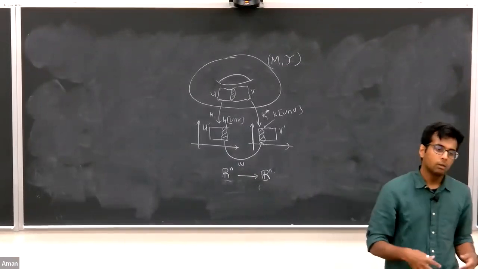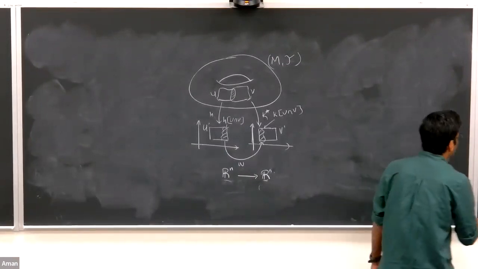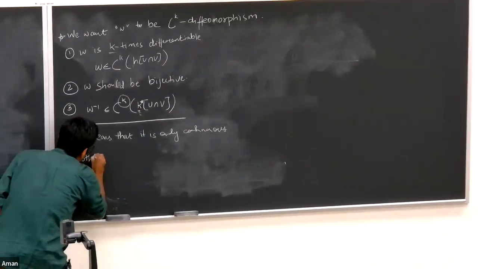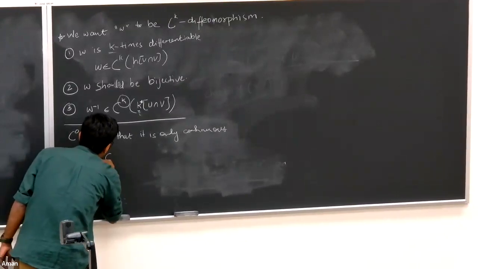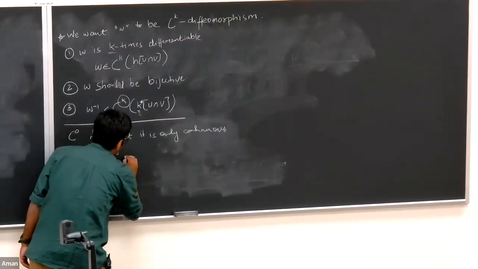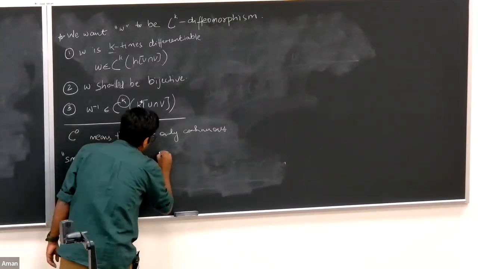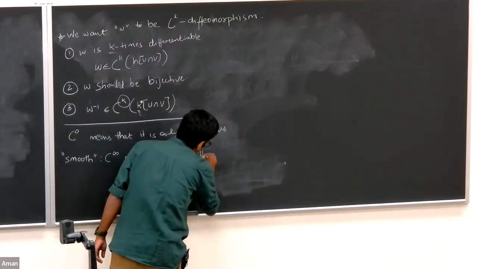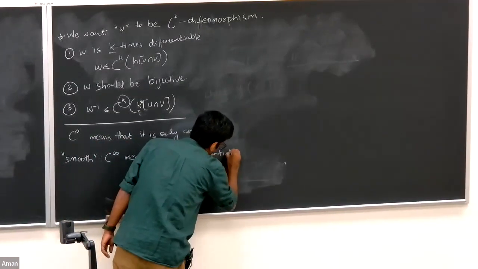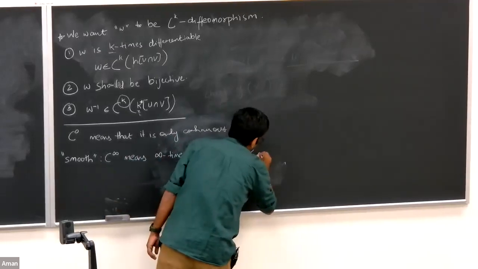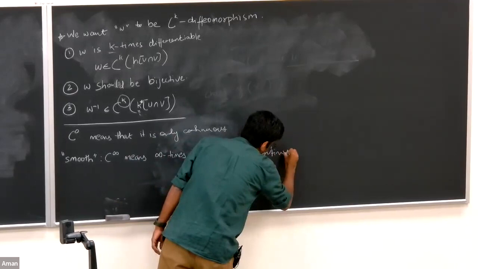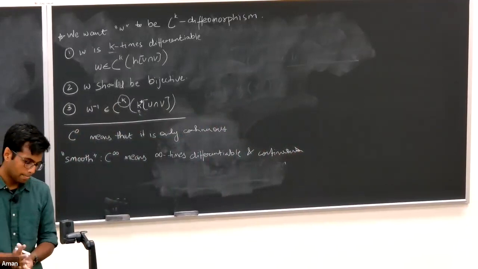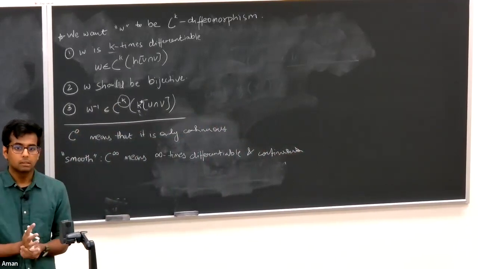And that is what we would want to be the ideal scenario, and that is what is called a smooth map. It's when it is C infinity, which means differentiable and continuous. Correct? Okay. Right, it's just a definition.